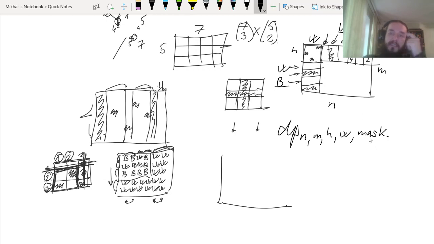And that gives us the mask, right? Because if we've erased white columns on one step of the process, or if we erased white rows on one step of the process, let's think about that for a moment.